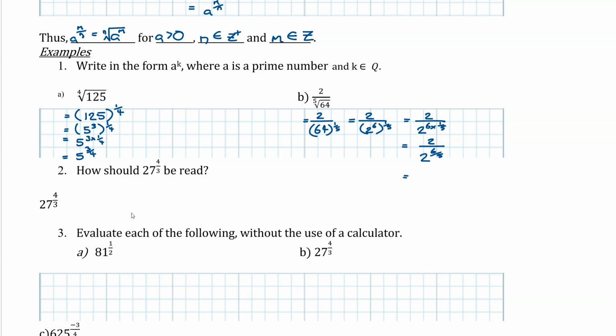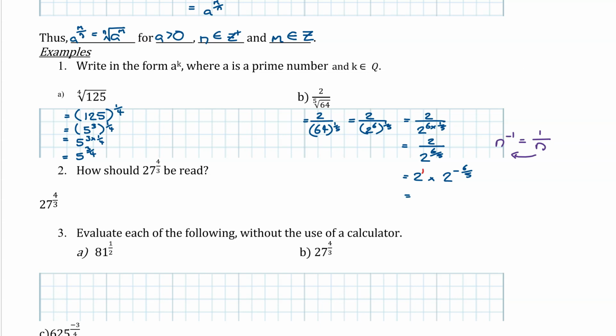So we'll use the rule of negative indices: n to the power of -1 is the same as writing 1 over n, and we'll go in reverse. So what we're going to get is 2 times 2 to the power of -6 over 5, and remember this 2 can be rewritten simply as 2 to the power of 1.